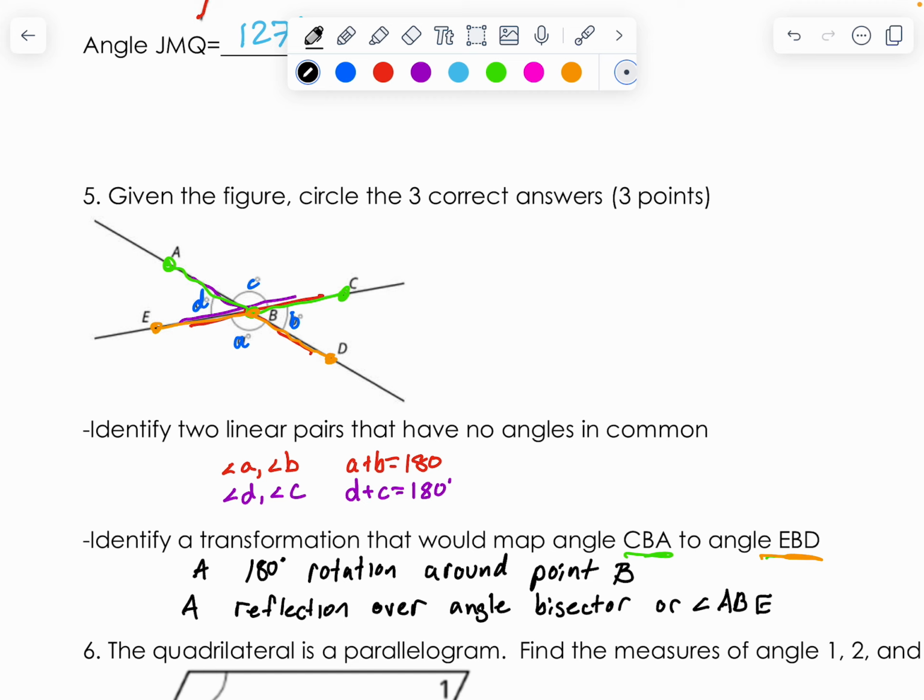If we bisected this angle over here, continue that line. So you can do a 180-degree spin, or you can flip it over the angle bisector. And that's just another way to verify that vertical angles are in fact congruent.